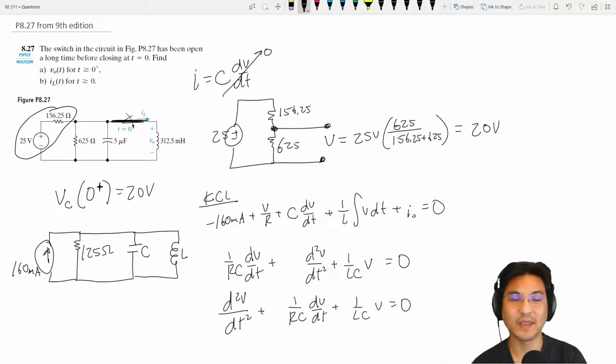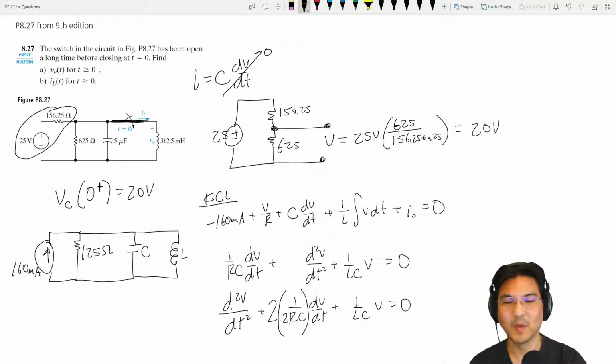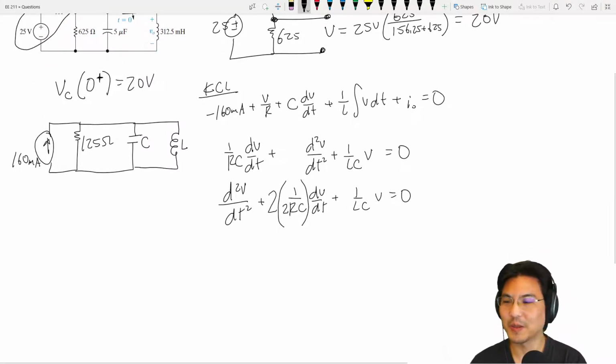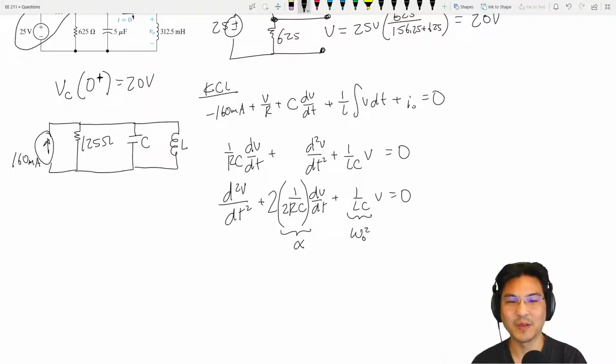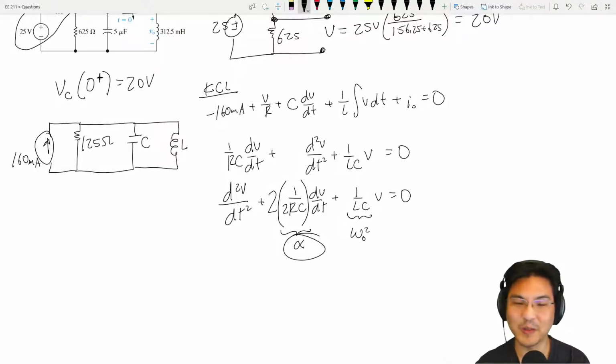Okay, so it's a second order ODE. Let me factor a 2 out of here so that I can write a quadratic. And let's just do some substitution. Let's call this alpha. Let's call this omega naught squared, the undamped natural frequency.